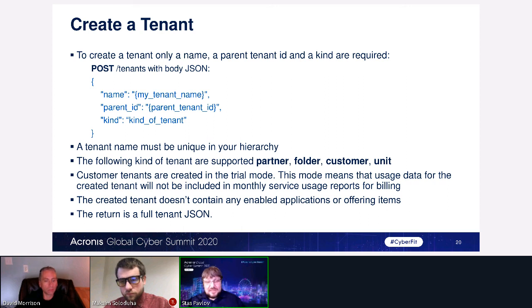Some mention: a partner tenant is always created in production mode, and a customer tenant in trial mode. And what is really important, when you create tenants in the UI, your tenants are created already with all the services. But when you use the API, your tenants are created without services aside.